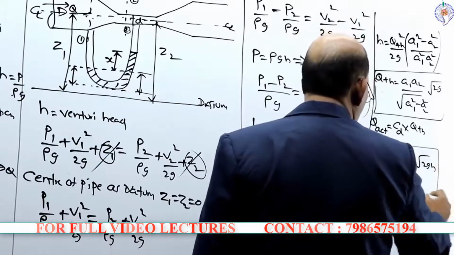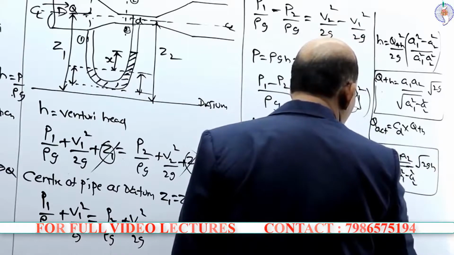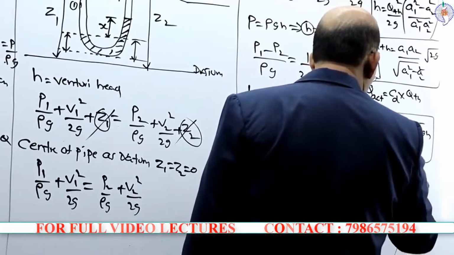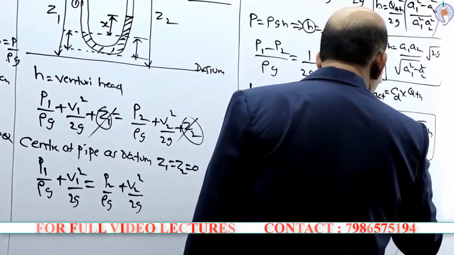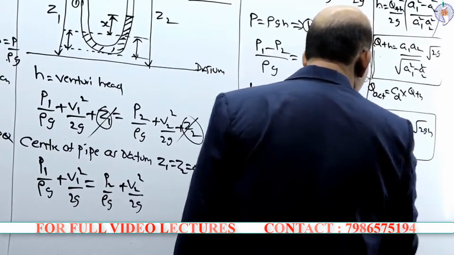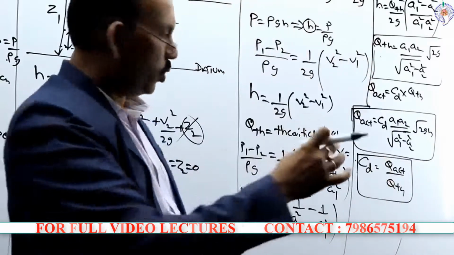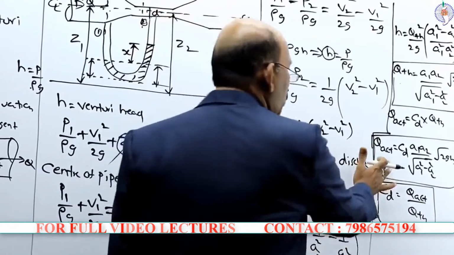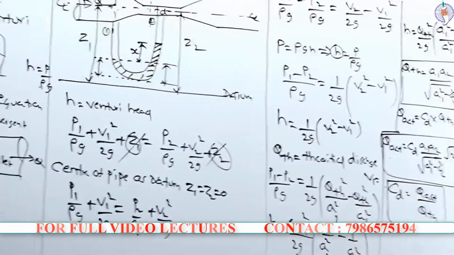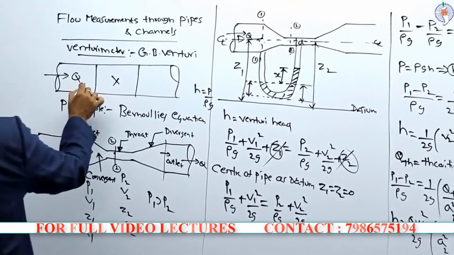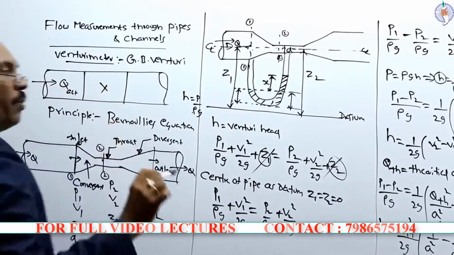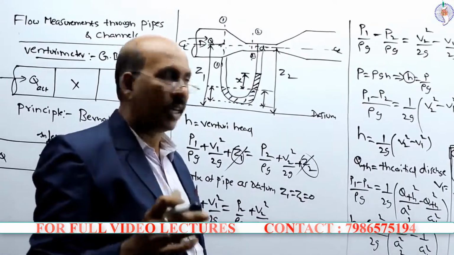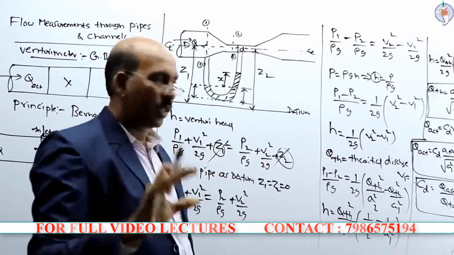So this is the discharge flowing through the Venturi meter. The coefficient of discharge is the ratio of the actual discharge to the theoretical discharge. So this equation can be used to compute the flow through the pipe, that is, the actual discharge.